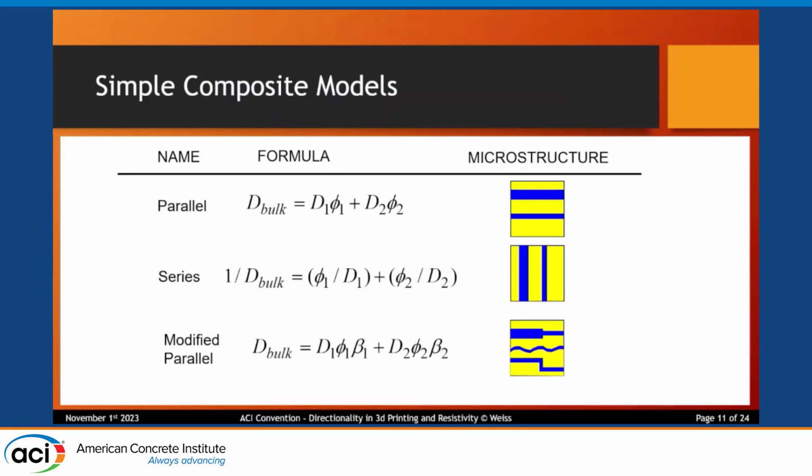And we put in this term that we refer to as beta, which is essentially a connectivity term, right? If it's a 0, we end up back in the series case. If it's a 1, we end up back in the parallel case. So beta is always between 0 and 1, and it's a descriptor to try to talk about how wiggly the pores are, how connected the pores are, and how much these pores kind of neck down. So if you had a great big pore connected from one side to the other, we have a connectivity of 1. If we have a pore that's not connected to anything, it has a 0, and anything that's wiggly like this, we see that number starts to decrease.